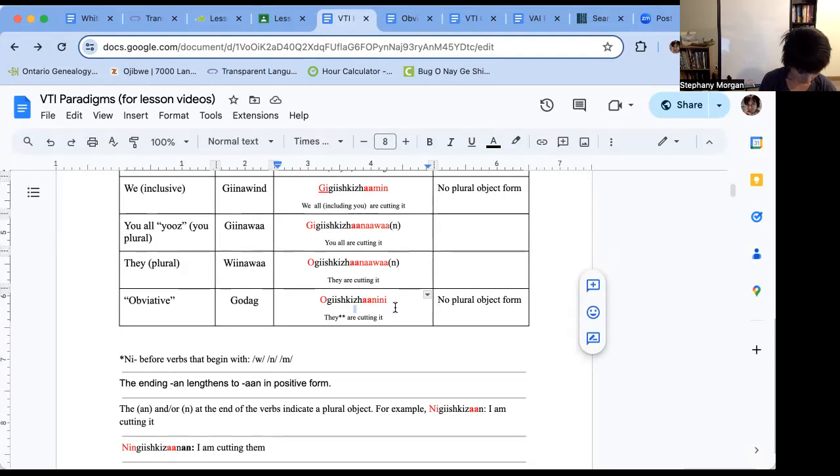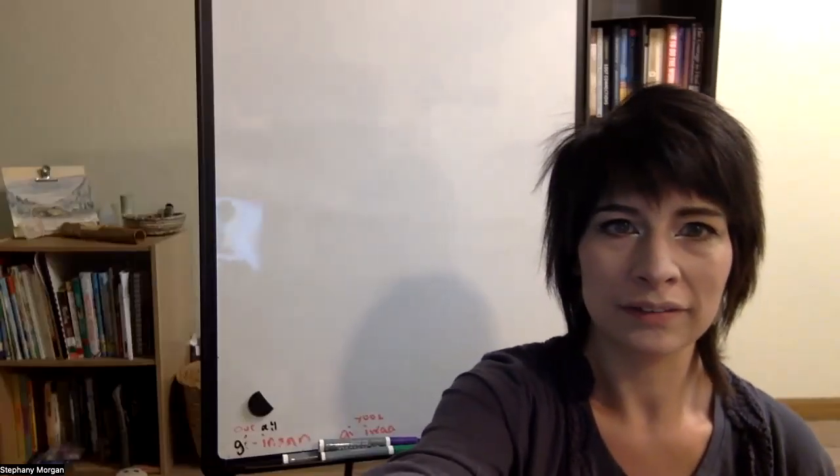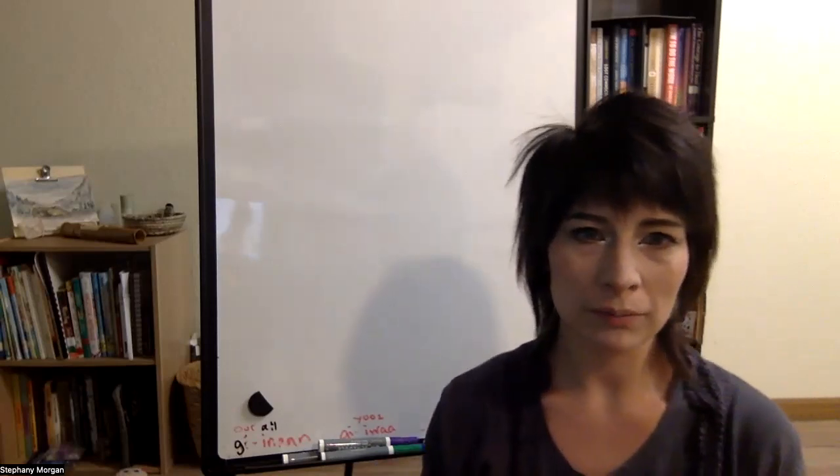In English we can get a little, what's the word? I had just blanked, but it can be a little bit unclear, a little murky, I guess, when you are talking about more than one person doing a thing.